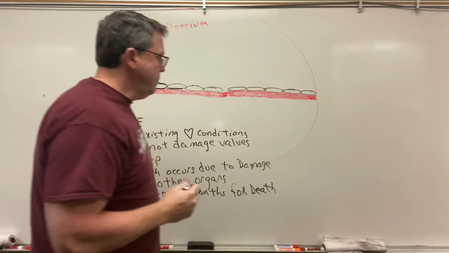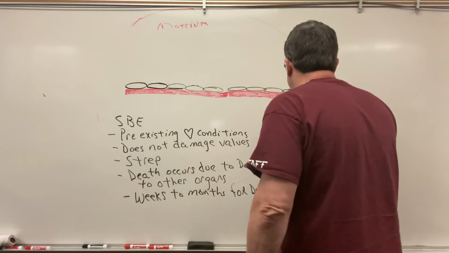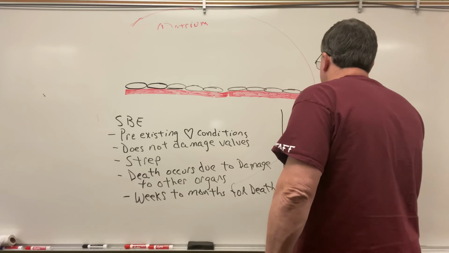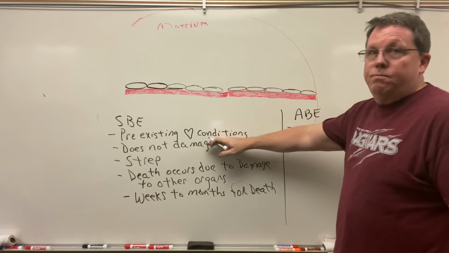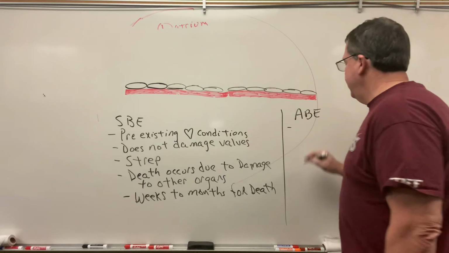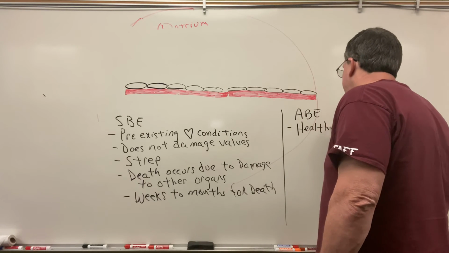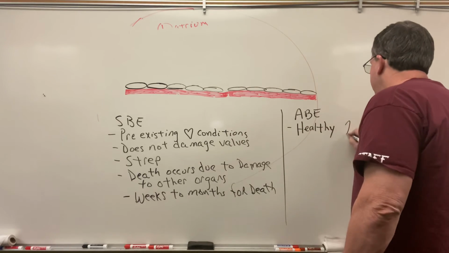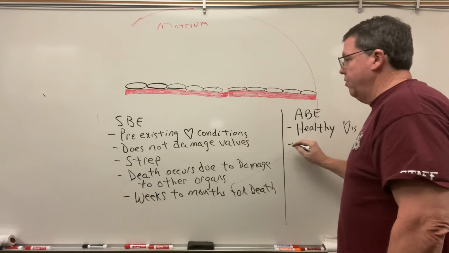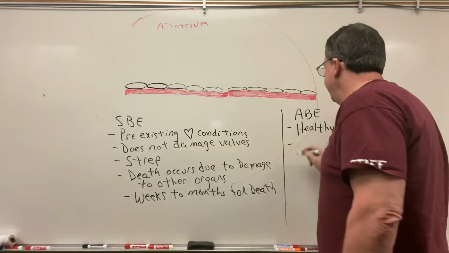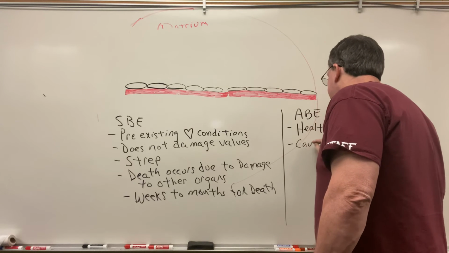In acute bacterial endocarditis, what's going to happen is this one has pre-existing heart conditions. This can occur in healthy hearts. It can also occur if they have something going wrong, but for the most part, it can occur in healthy hearts. This one does not damage valves. This causes valve damage.